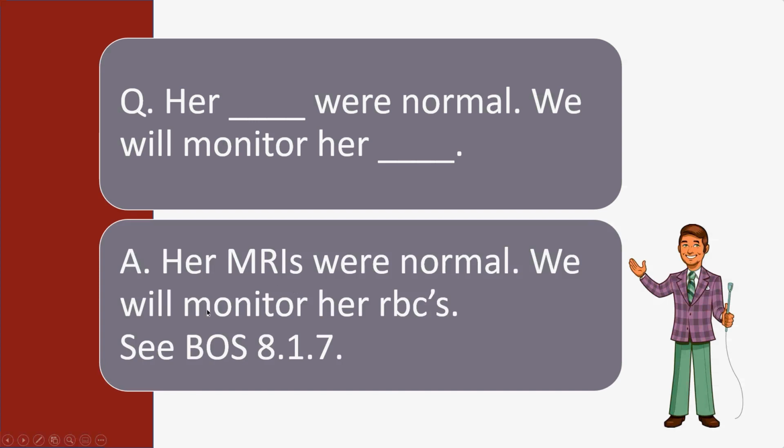Her MRIs were normal. We will monitor her RBCs. So if you have a look in 817, thank you, Heather. Our MRI is an uppercase abbreviation, and so when you have a plural form of an uppercase abbreviation, you just add the s. You don't need to add an apostrophe, because an apostrophe can be mistaken as a possessive.